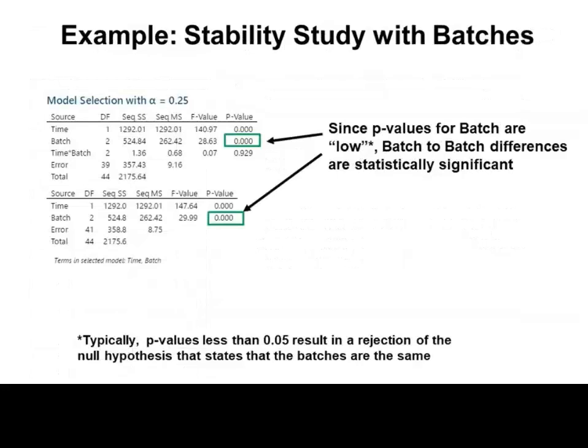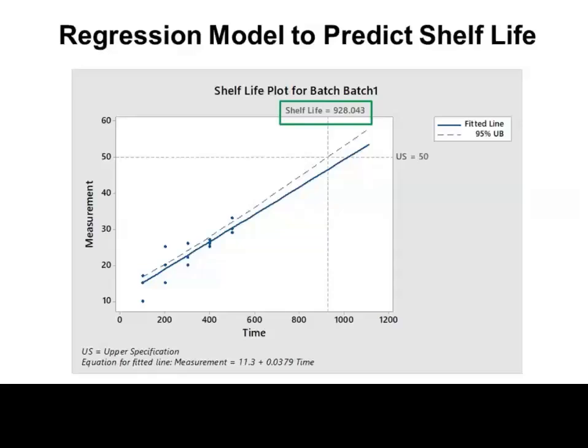The time-batch is a very high p-value, very close to 1. That suggests that the slopes are very similar, batch to batch. So you don't need a separate slope for each batch, but you do need a separate y-intercept. Bottom line is you cannot pool the batches here since at least one of them is rejected.